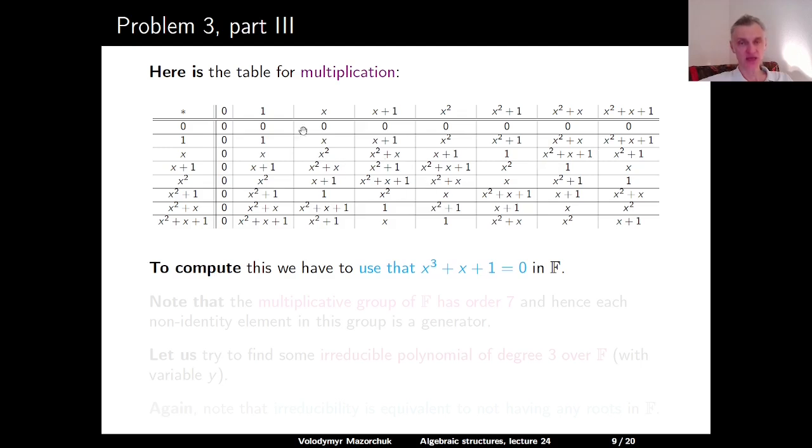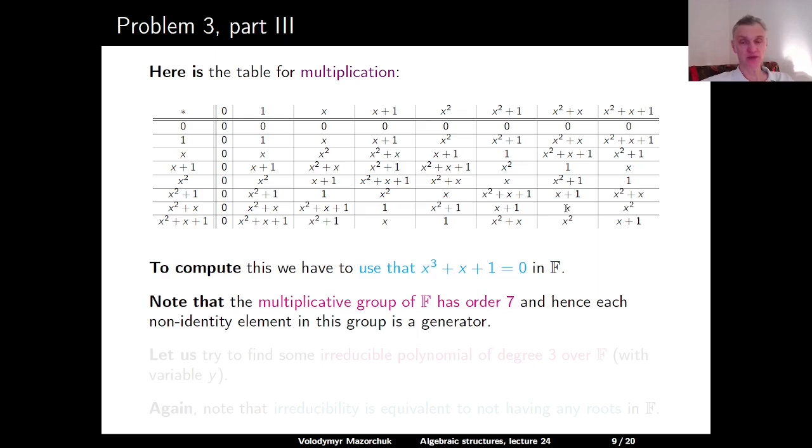So in each case one needs to write the formula and then use the fact that x cubed is equal to x plus 1 to reduce the expression to one of the elements in our field. So for example, x squared plus x times x squared plus 1 is equal to x plus 1. So here is a complete table for multiplication.